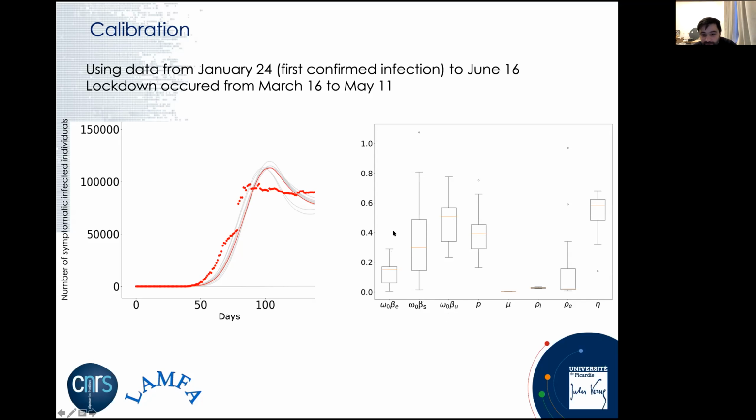But it's P 0.4. I forgot to say, to make the calibration, we used the first official confirmed infection till June 16, and lockdown in France was between March 17 and May 11.